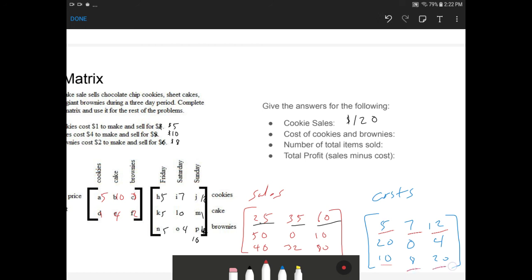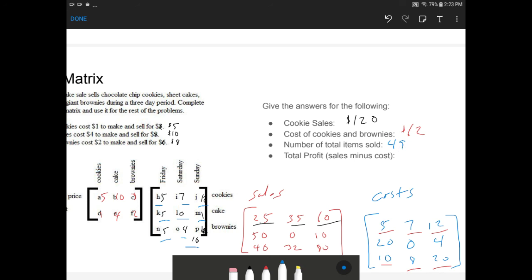And these are the brownies. 5 plus 7 plus 12 plus 10 plus 8 plus 20. $62. Total number of items sold. So that's here. That's all of this. So 19 brownies plus 6 cakes plus 12 plus 5 plus 7 cookies. It's 49 items.